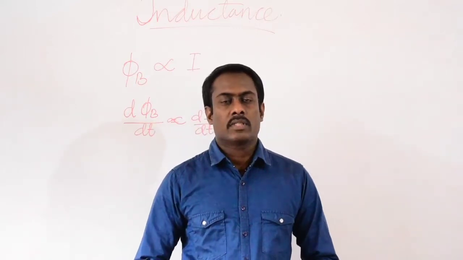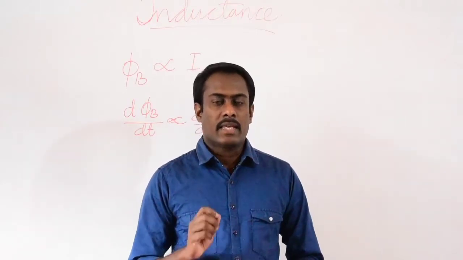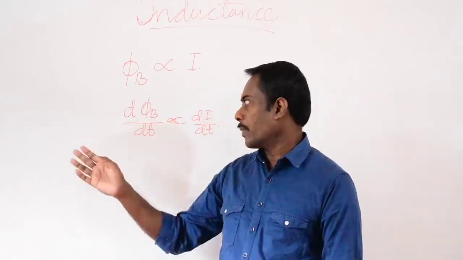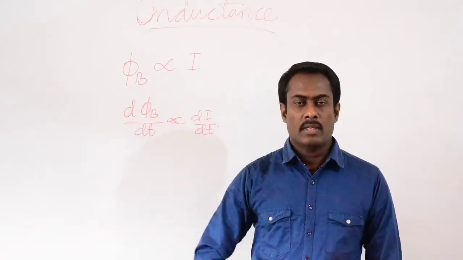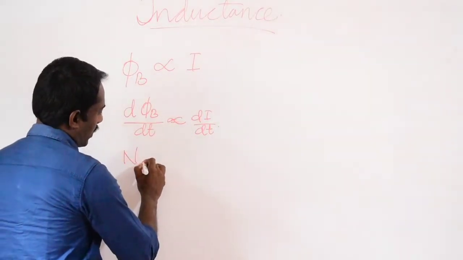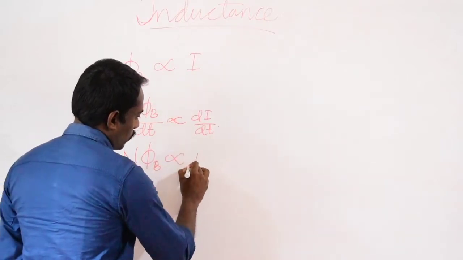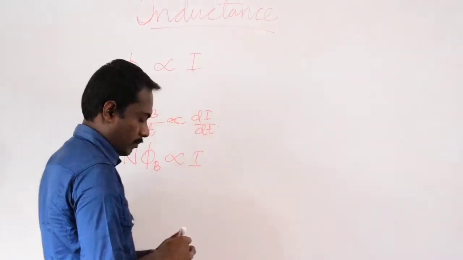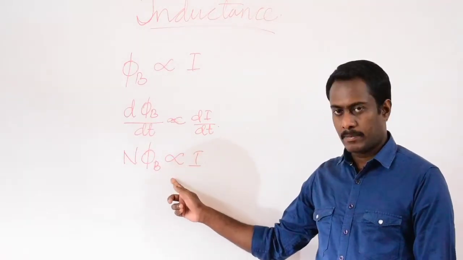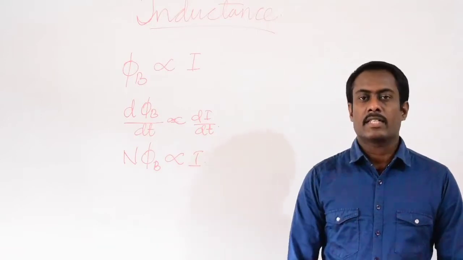Therefore, the term called the flux linkage is equal to N phi B, that is the number of turns times the magnetic flux linked with the coil, and it is proportional to I. This constant of proportionality is called the inductance.